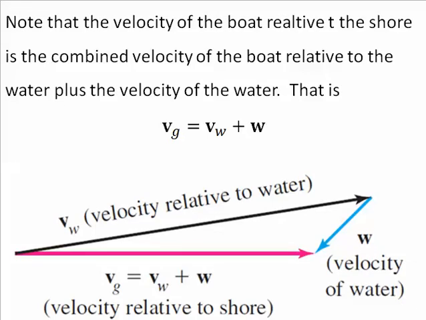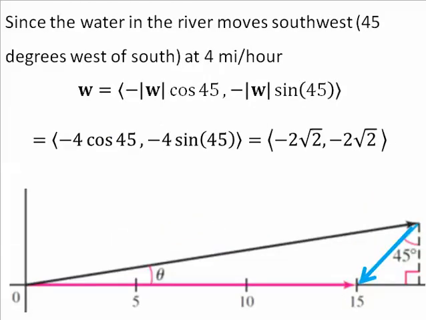Notice that the velocity of the boat relative to the shore is the combined velocity of the boat relative to the water plus the velocity of the water. We use a little geometry and the fact that we have a 45-degree angle to find the components of w.